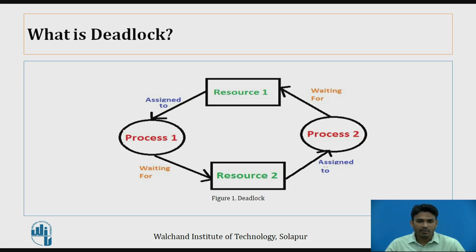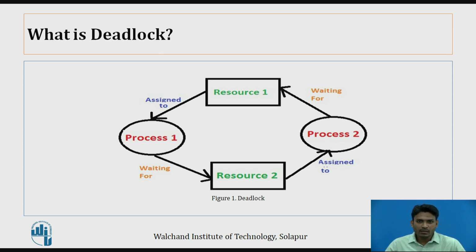Let's look at this diagram. In this diagram, we have two processes, process 1 and process 2, and two resources, resource 1 and resource 2. Here, process 1 is waiting for resource 2, and process 1 has already held one resource, called resource 1.